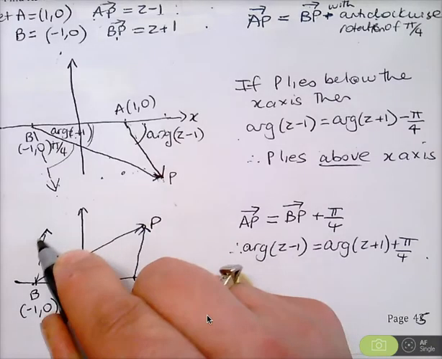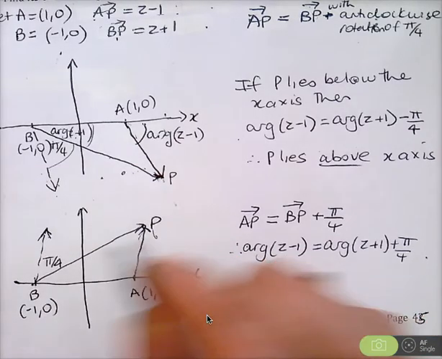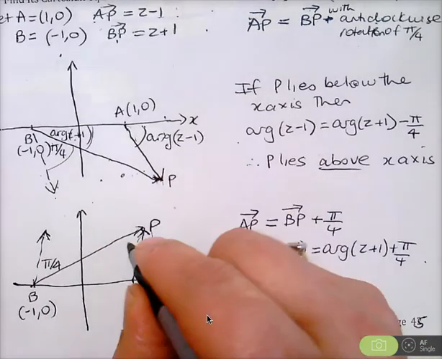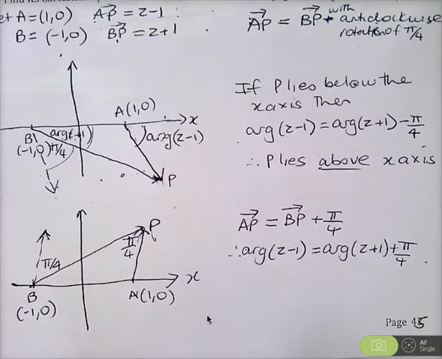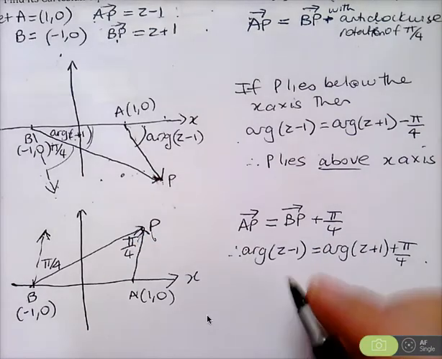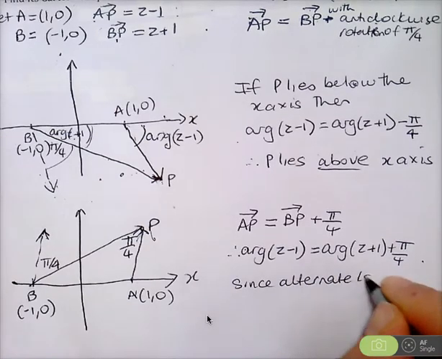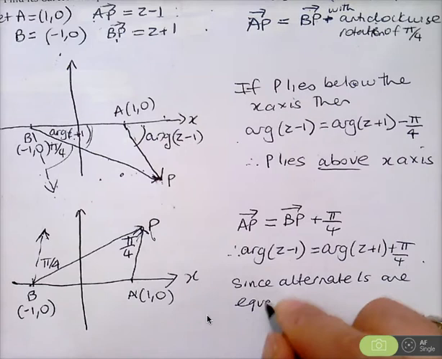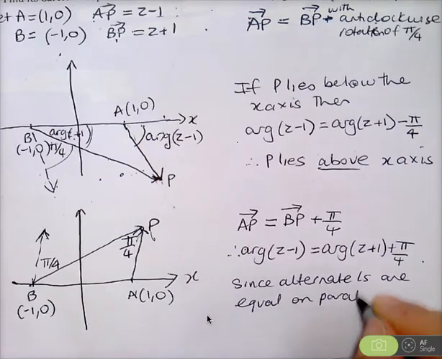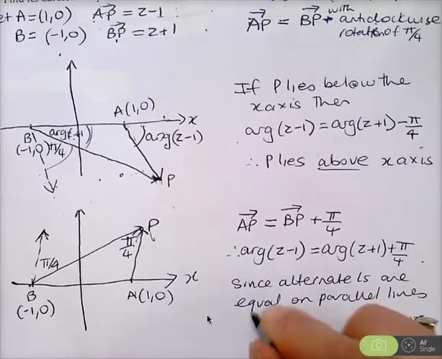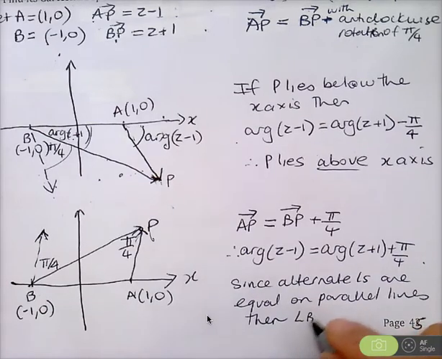Now, because I drew this line parallel to AP, then by alternate angles, this angle here is pi on 4. So, since alternate angles are equal on parallel lines, then angle BPA equals pi on 4.